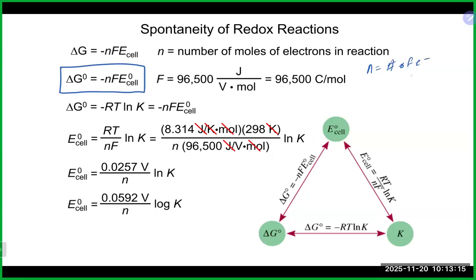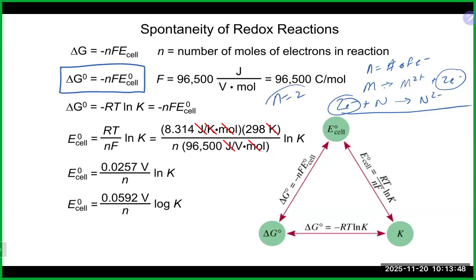Now, when we talk about the number of electrons, it is the total number of electrons that is lost on the anode side and gained on the cathode side. It is not like you add up the electrons in each half reaction. What I mean by that is, if we had something where this one lost 2 electrons and then something else gained 2 electrons, there are 2 electrons here and 2 electrons there, but N would only be 2 and not 4.